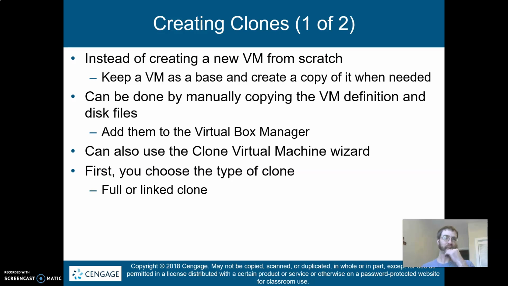Anyway, you don't have to start from scratch every single time. You can clone the VM. That will leave the VM in its current state. Then you have another one.